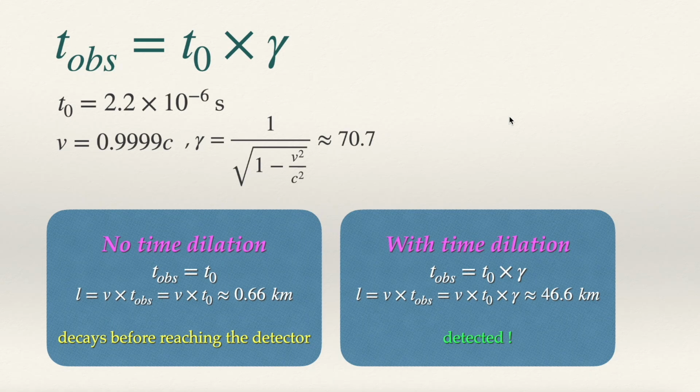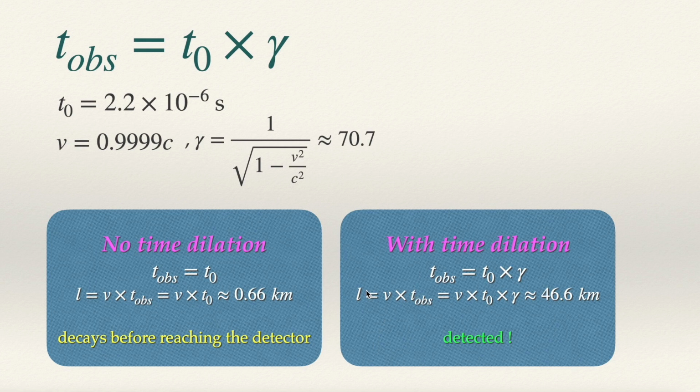In its frame, it will decay after 2.2 microseconds. However, since time is relative, the observer on Earth, or the detector, will observe the decay of this muon after 70.7 times 2.2 microseconds, that means gamma times 2.2 microseconds.